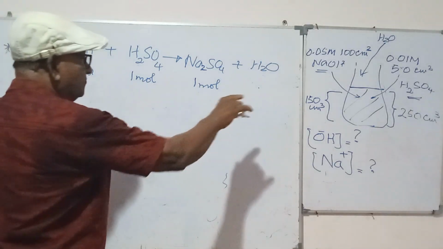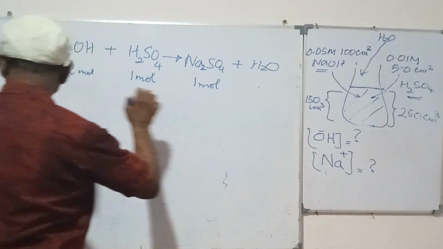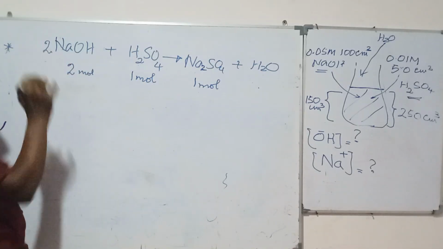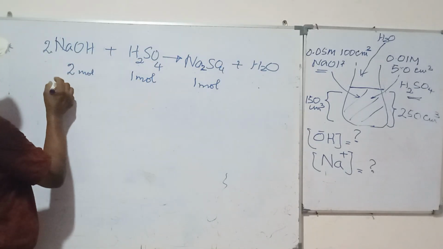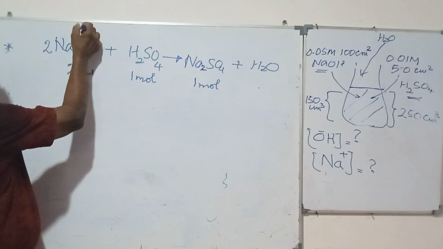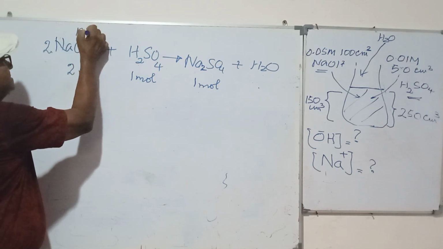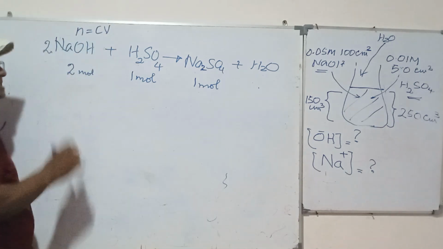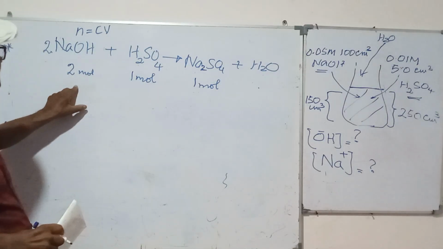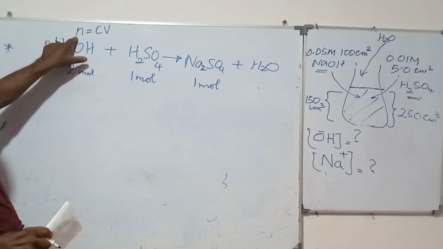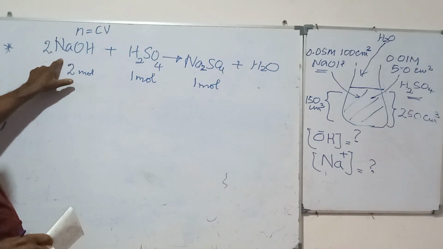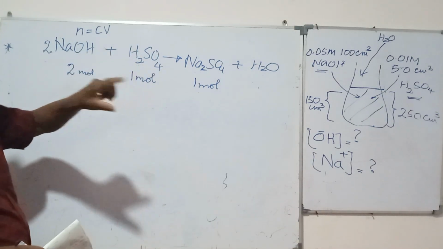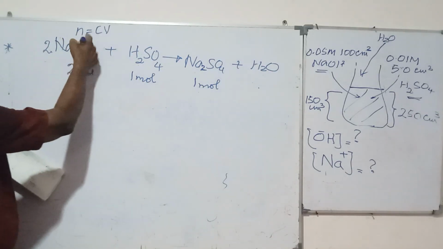Then we are going to calculate the number of moles of NaOH. What is the related equation? Do you remember? N equals CV. Don't write here, keep in your mind. We are going to calculate the number of moles of NaOH added. Then N equals CV.